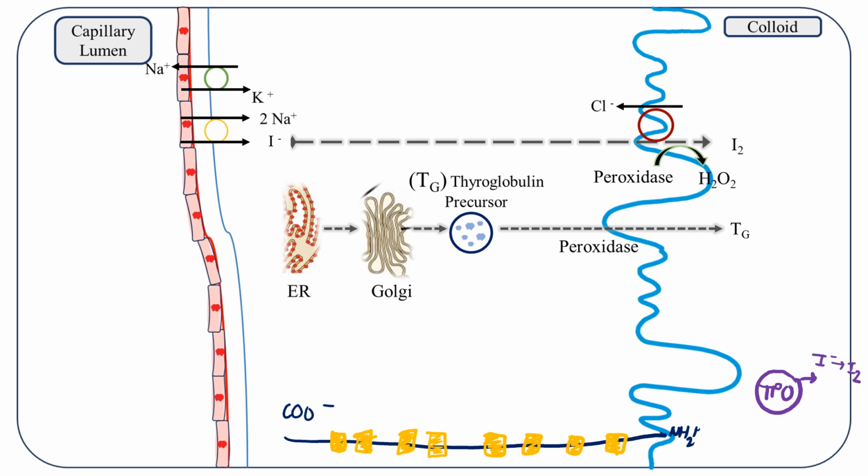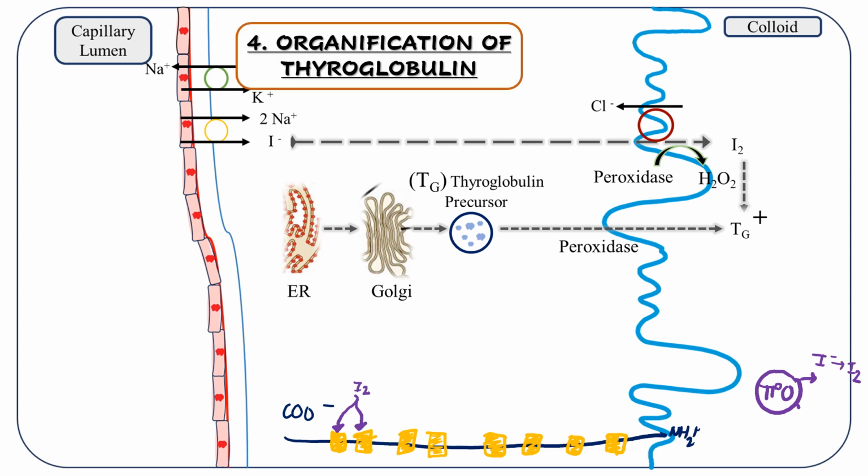Now this TPO will also help this iodine molecule to come and attach to the tyrosine molecules on the thyroglobulin, and this step is what we call organification of the thyroglobulin. So now let's say that one molecule of iodine gets attached here and one molecule gets attached here. So two molecules here, again two molecules here.